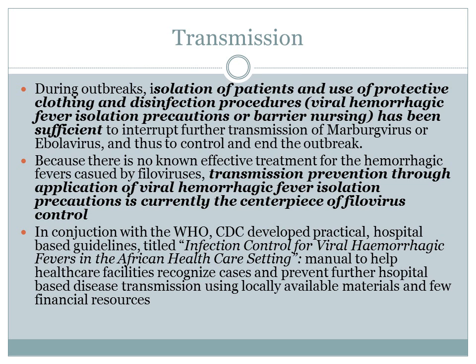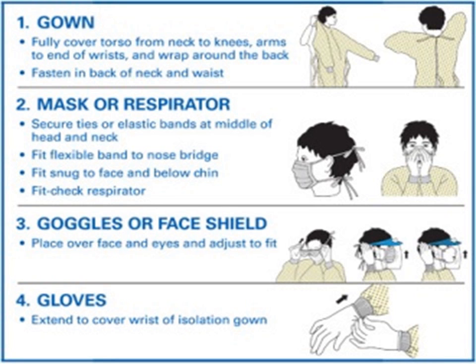That's just what I was saying about transmission. So here's the current gowning protocol for hospital workers and healthcare workers dealing with Ebola. You can see there's some gowning, some face masks, a face shield, and gloves.